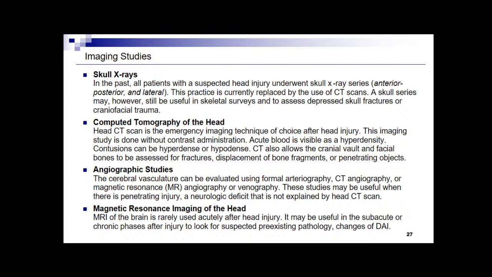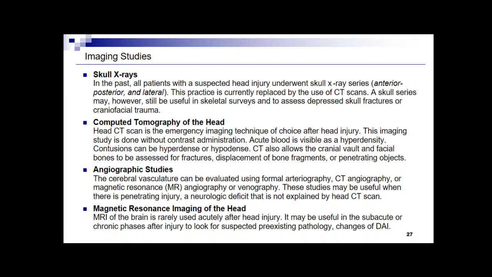Angiographic studies. The cerebral vasculature can be evaluated using arteriography: formal arteriography, CT angiography, or magnetic resonance angiography or venography. We can perform injection of contrast into cerebral vessels, and we can visualize the pattern of intracranial vasculature.